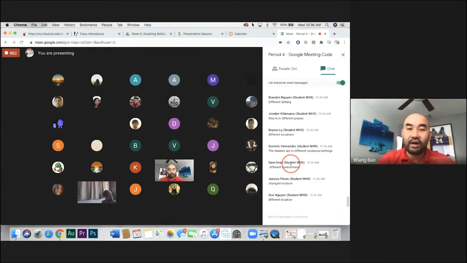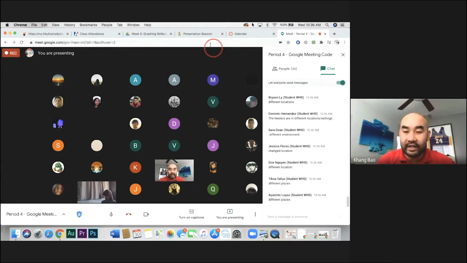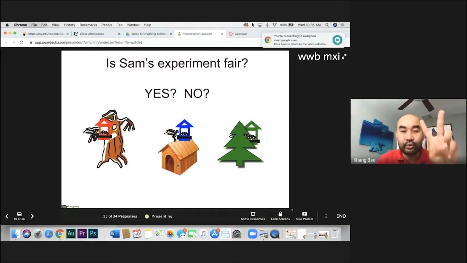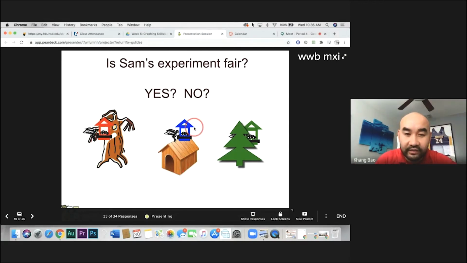So we all agree this is not a fair experiment, and you are right. It is because now you have two factors that you're changing. You are looking at different color feeders, and you're also looking at different settings, right? Now, let's say the birds come and eat more seed from the blue bird feeder here.